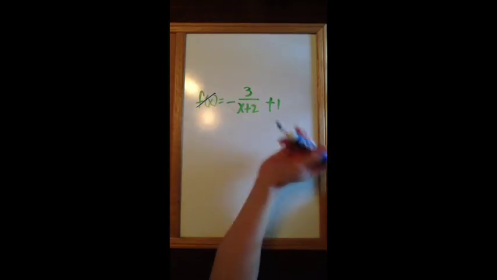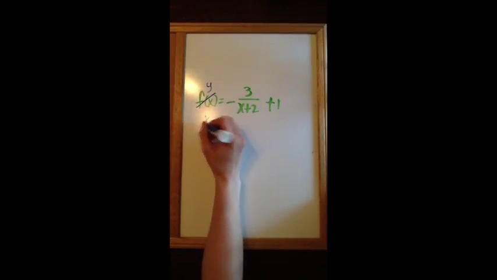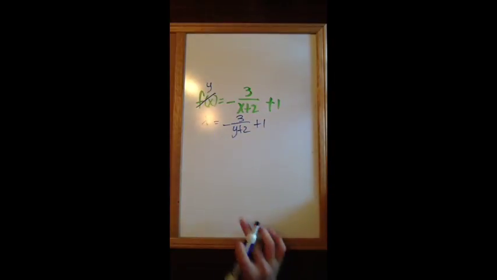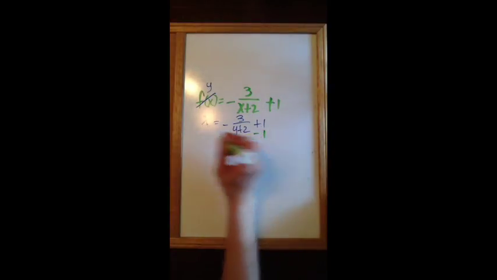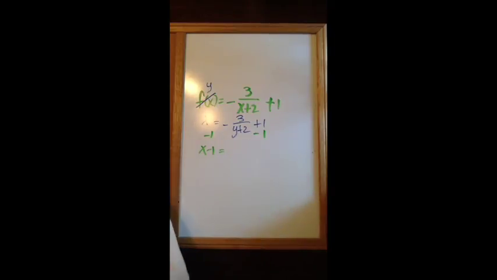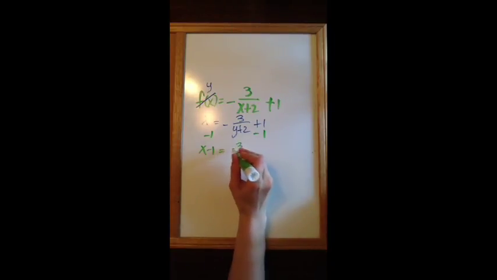So this really stands for y, so I'm going to change it to x equals negative 3 over y plus 2 plus 1. Okay. So I want to get the fraction by itself, so I'm going to subtract this 1. So I have x minus 1 equals, and then I've got the 3 over y plus 2, and it's still negative.